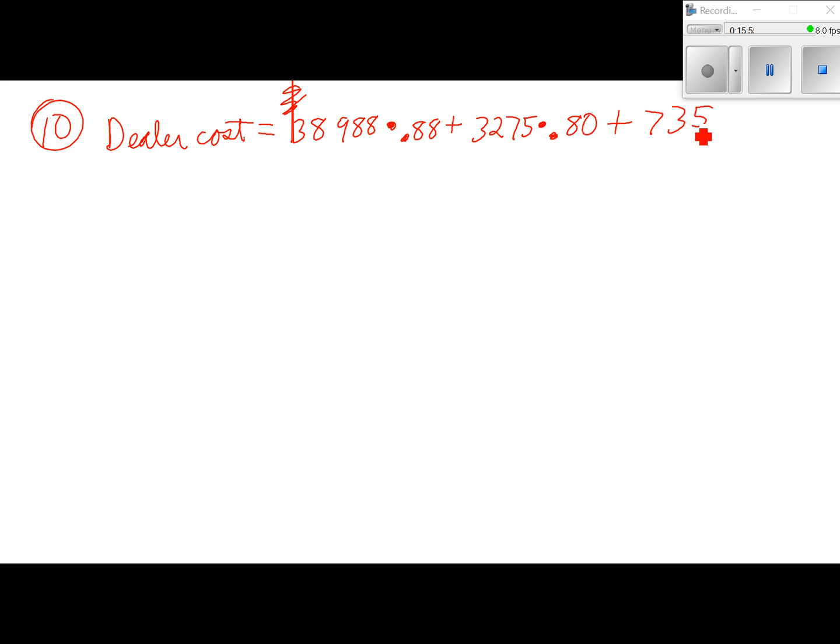So we're gonna do all that, you can punch all that right into your calculator, and that's gonna give you how much the car cost the dealer. When I plugged it all into my calculator, I ended up with $37,664.44.